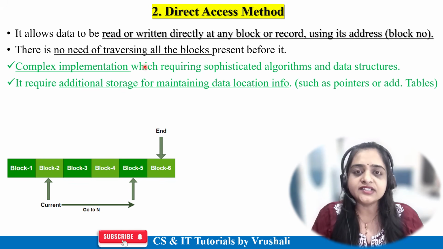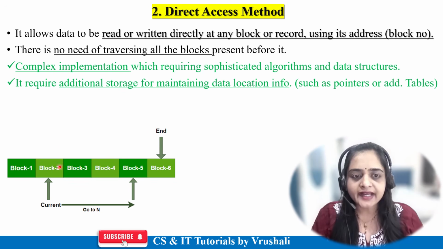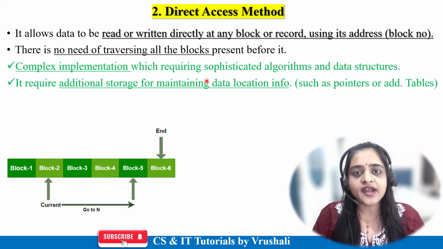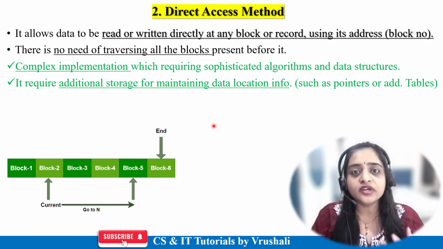No need of traversing all the blocks one by one. The structure of the direct access method is very complex to implement because it requires more sophisticated algorithms of data structures, searching and sorting. Again, it requires additional storage information for storing the location of a particular file.